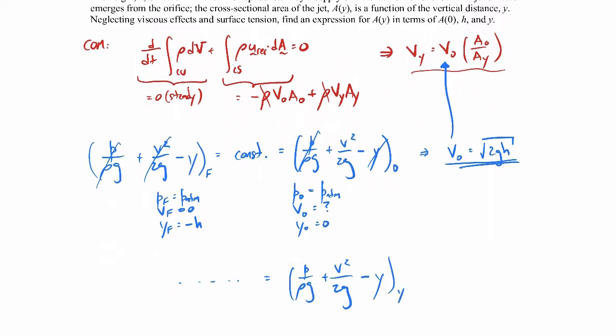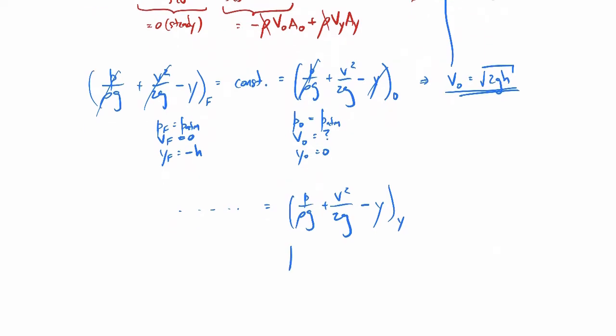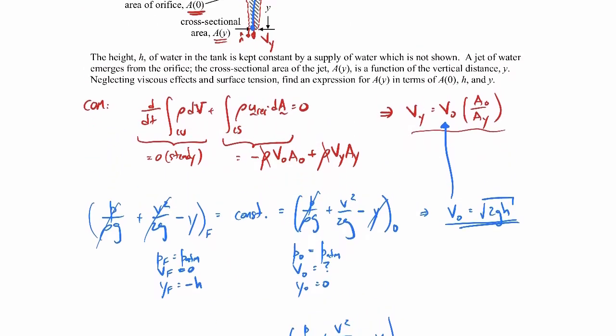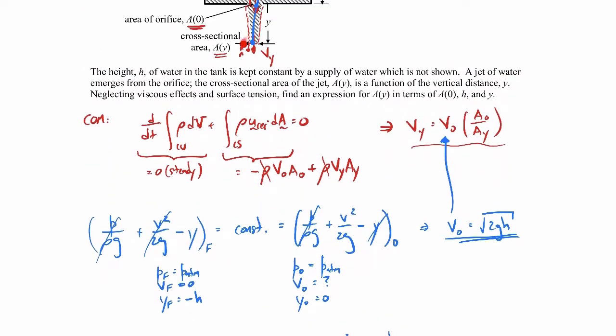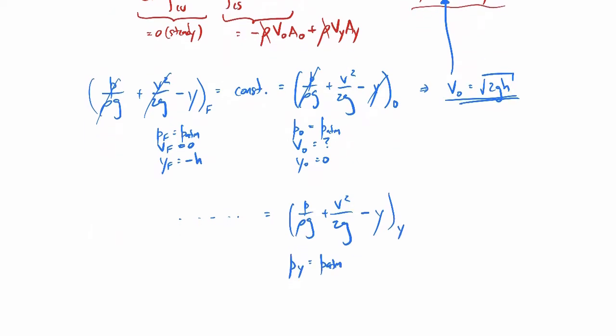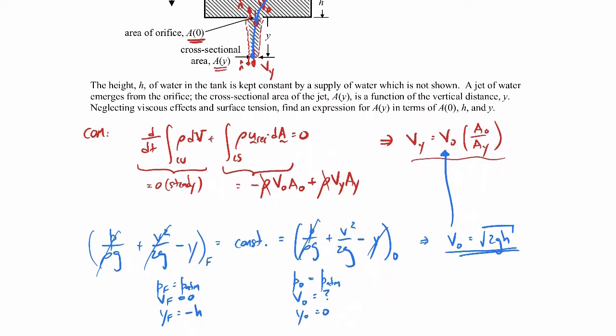And this is at point y. So the pressure at point y is also atmospheric because it's still a free jet. It's still exposed to the atmosphere here. The velocity there, V_y, I'm trying to find. And the elevation there is just y. It's the distance from our origin.